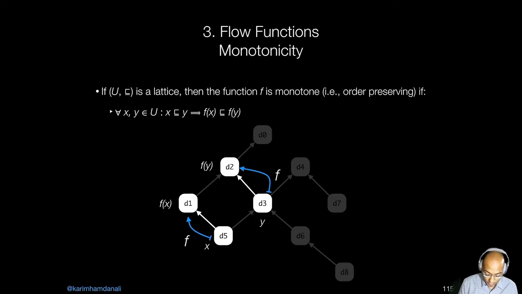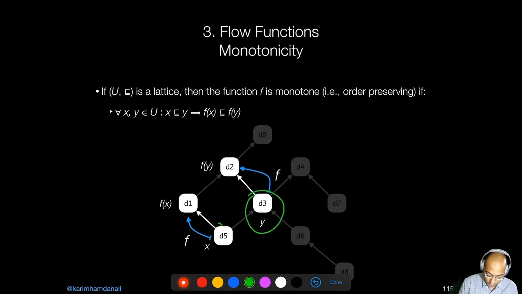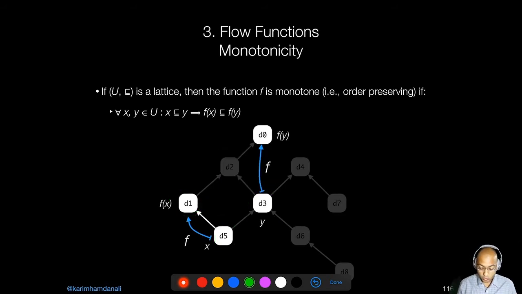So y has a higher order than x, d3 has a higher order than d5. Applying the function on y yields d2, applying it on x yields d1, and d2 also has a higher order than d1, so everything is good to go. This would be a monotonic function.